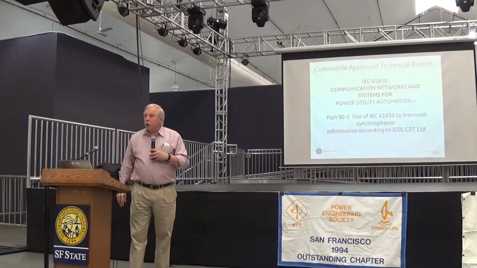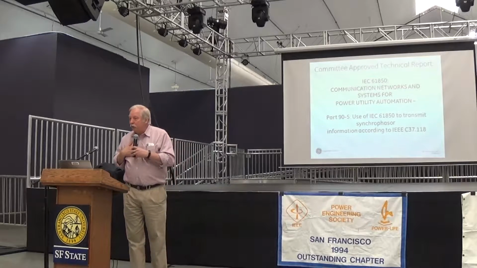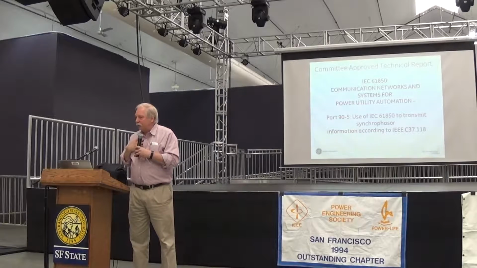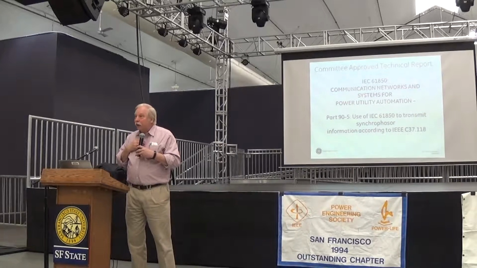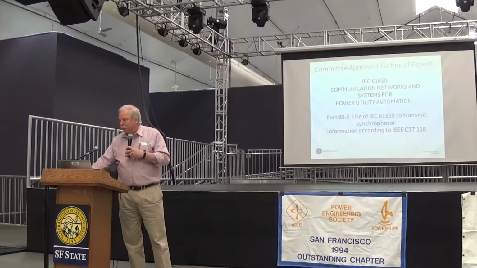There is a technical report that's out, and the technical report is known as Part 90-5, which is use of IEC 61850 to transmit synchrophasor information according to the IEEE synchrophasor standard, C37.118.